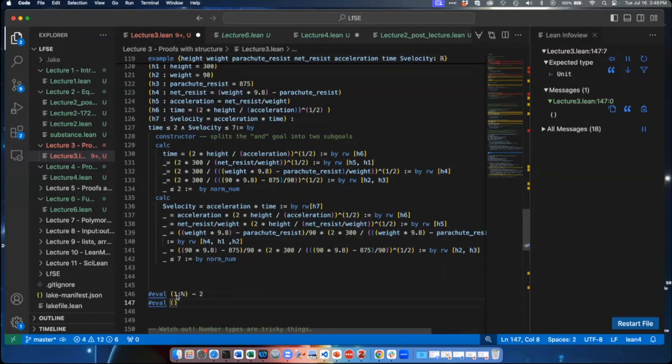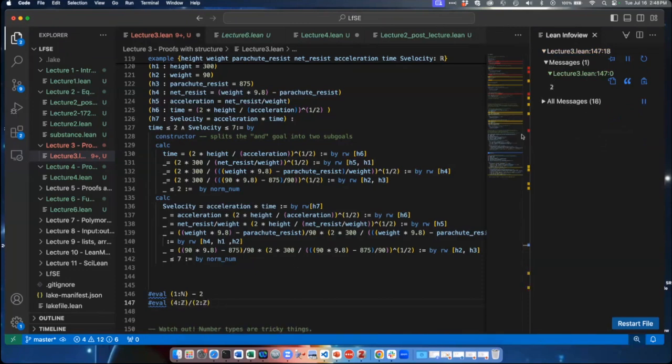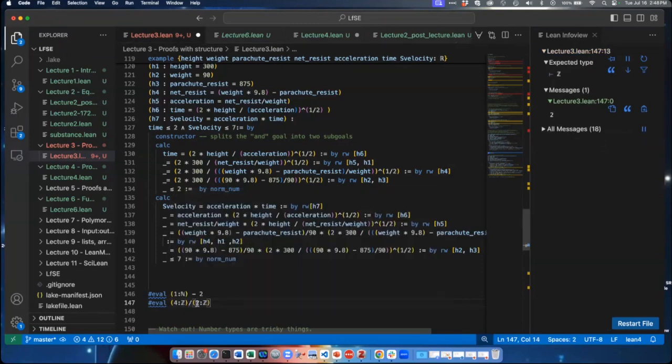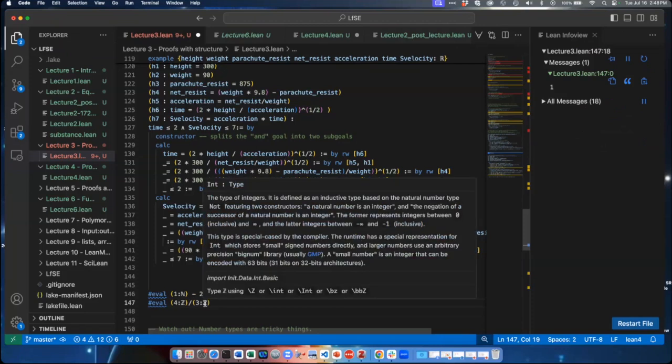So I could do 4 as an integer divided by 2 as an integer, and I get the answer 2. But if I do 3, I get 1. I'm not getting 4/3, okay? Because again, these are integers, they're not rationals. 4/3 doesn't exist inside that number set.